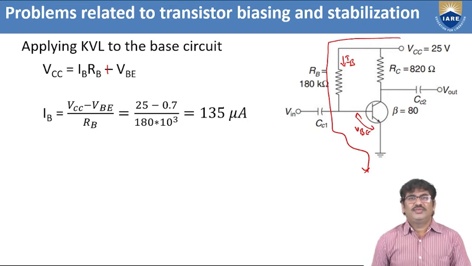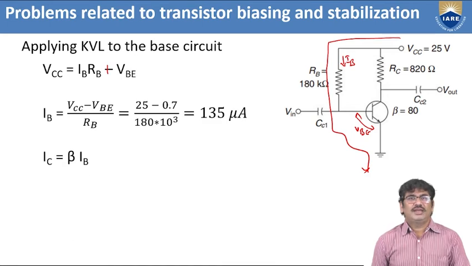Substituting the corresponding values, we can find IB is equivalent to 25 minus 0.7 divided by RB, which is 180 kilo ohms, that is 180 into 10 power 3, which will lead to the base current is equivalent to 135 microamperes. Once we got the base current, then we can find out the collector current as IC is equivalent to beta times IB.